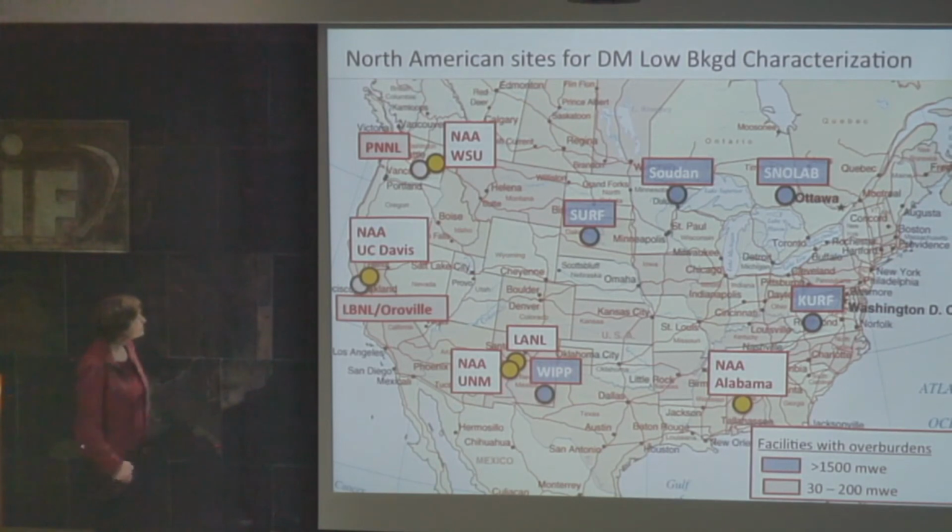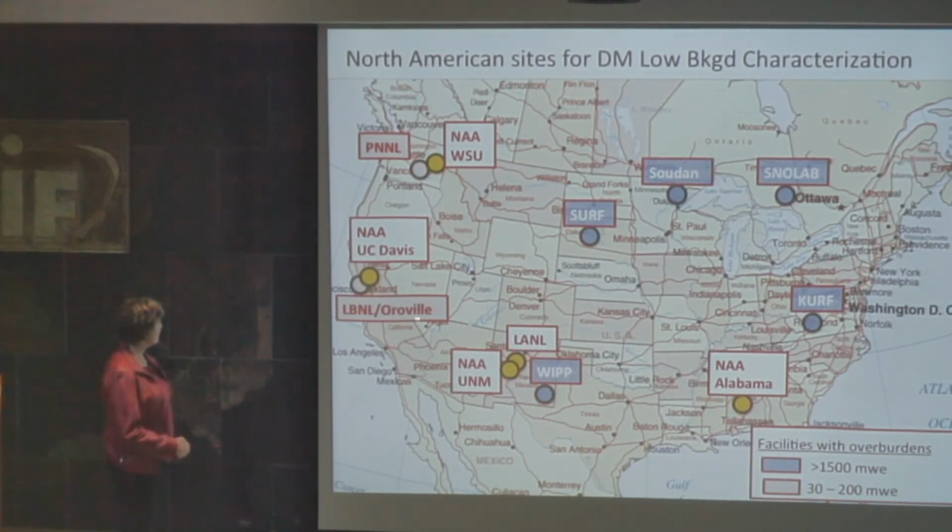Here are the sites in North America where they have low background characterization of various types, either quite a few of the high purity germanium detectors and banks of them, or specialized. And it doesn't all have to be an overburden. The dark ones here are all in mines or underground. But even a small overburden can do a lot.